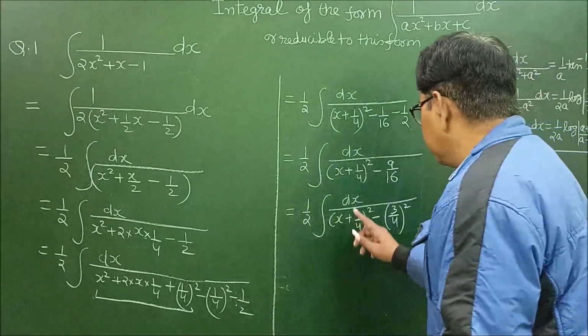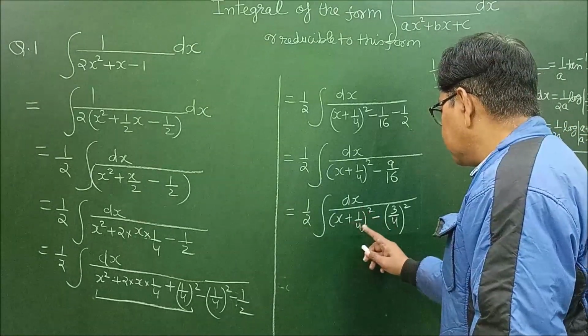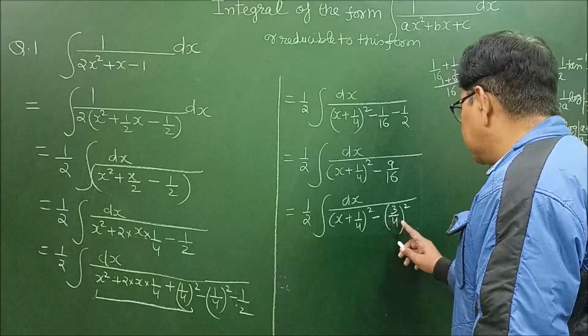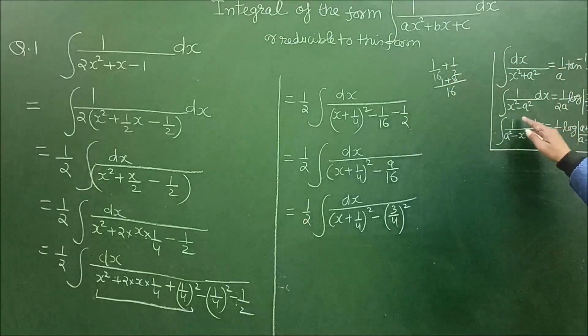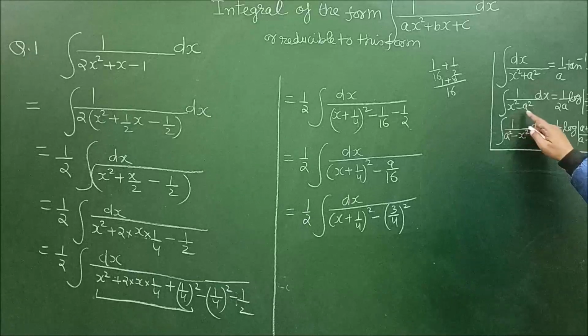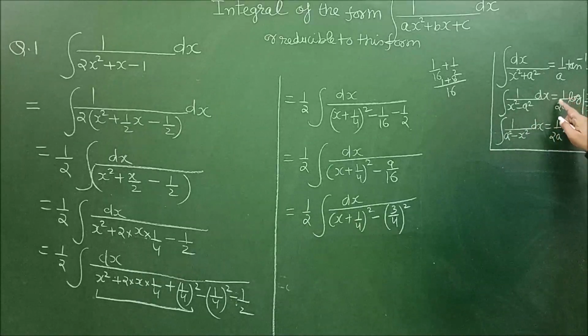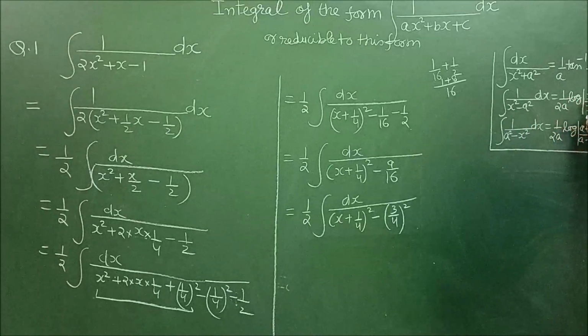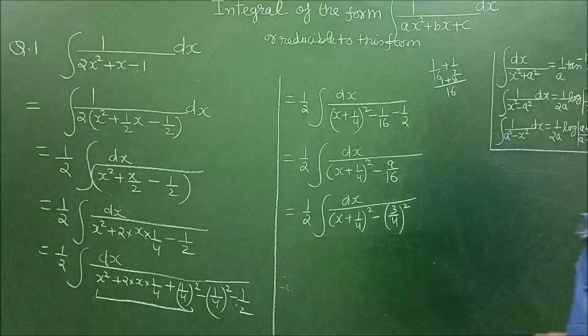Now 1 by 2 dx upon x plus 1 upon 4 square minus, this is in the form x square minus a square, whose integral is 1 upon 2a log mod x minus a upon x plus a.